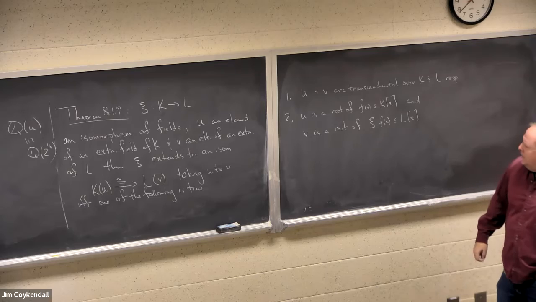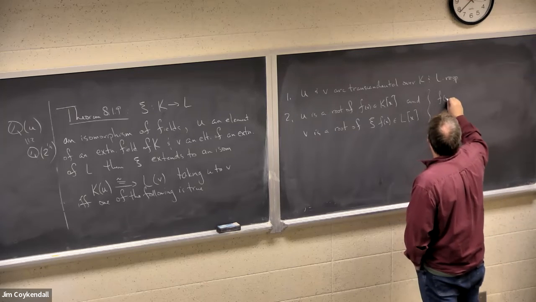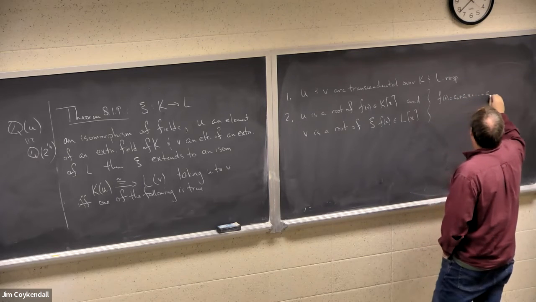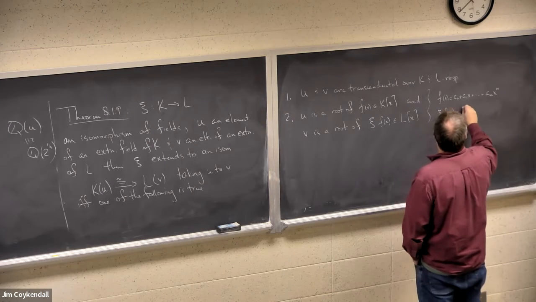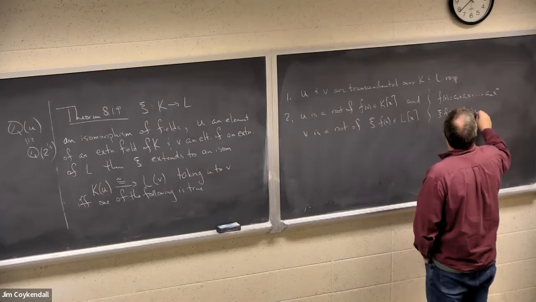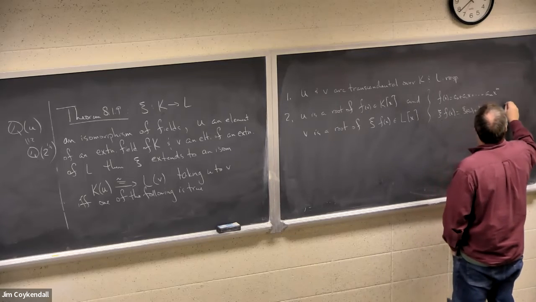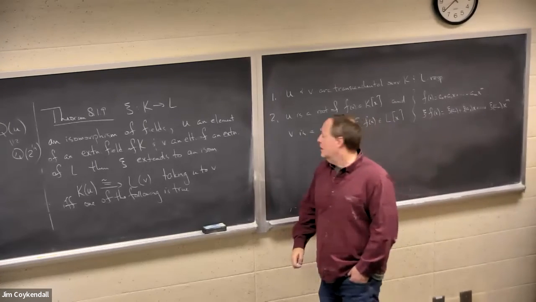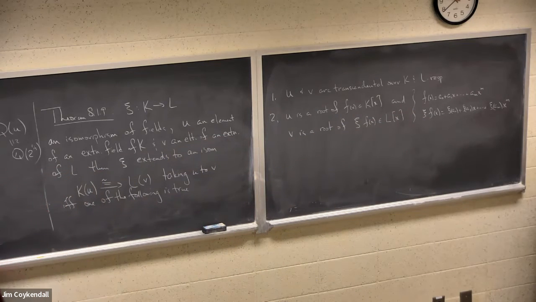Let me make clear what I mean here, just in case there's any confusion. If f(x) is a0 plus a1x up to amx^m, then when I apply the homomorphism to it, notice that those coefficients are in L, right?